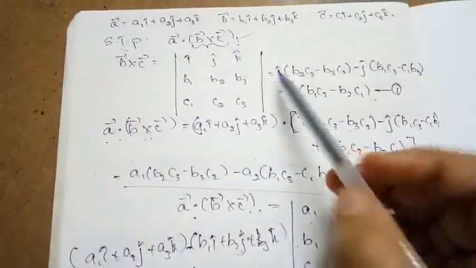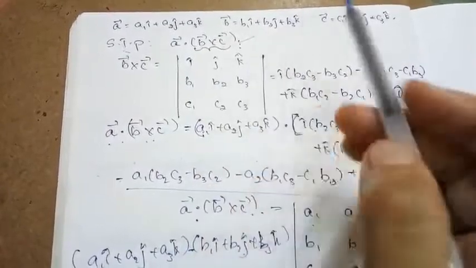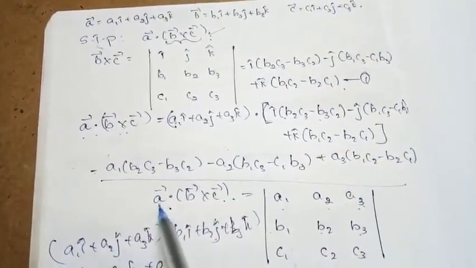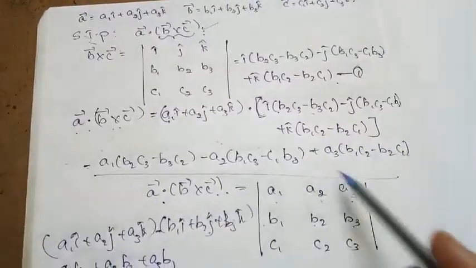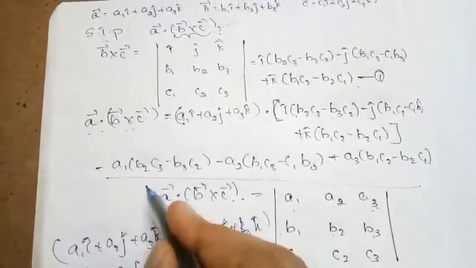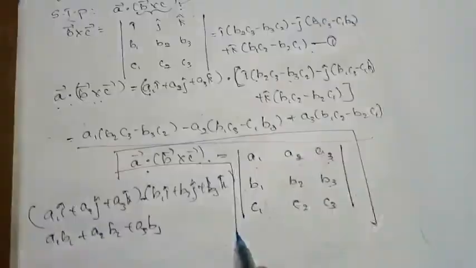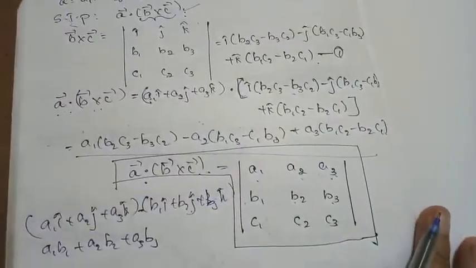We just replaced the first row i cap j cap k cap with a1 a2 a3, the components of this vector. Therefore the scalar triple product is represented as a determinant of the components of those three vectors.